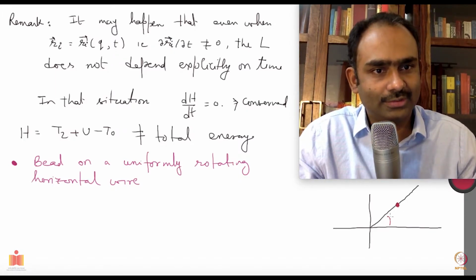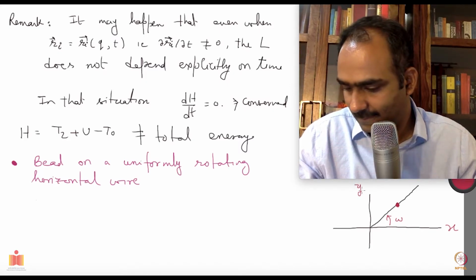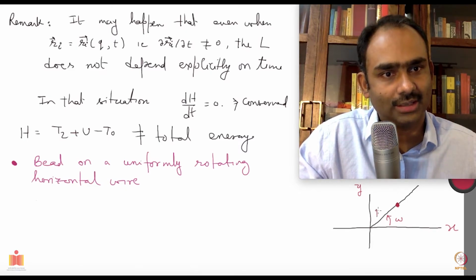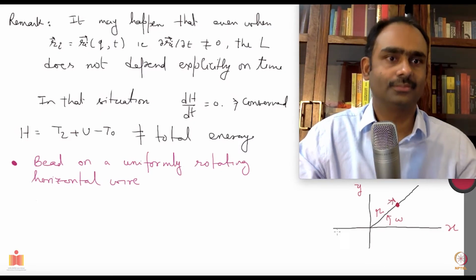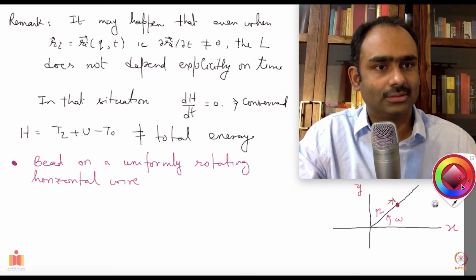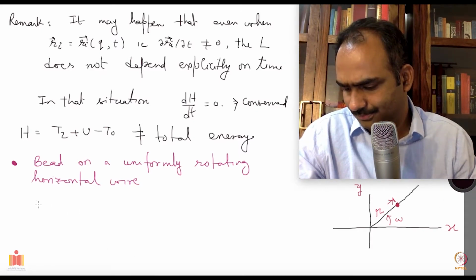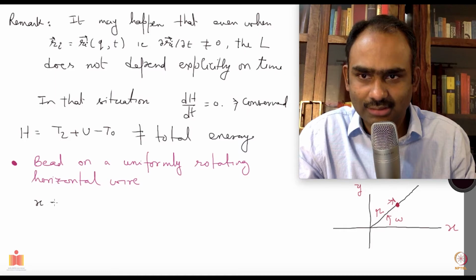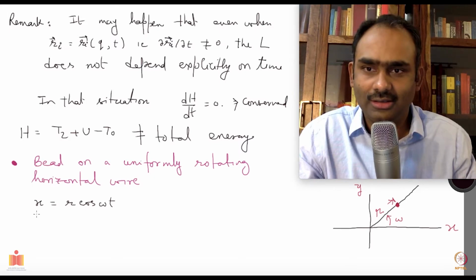Okay, and this thing is moving with some angular velocity omega. That's your x-axis. That's your y-axis. Perfect. And the distance from here to there, that is r. Nice. Looks good. So, well, clearly I can write down x equals r cos omega t, and y is r sin omega t.